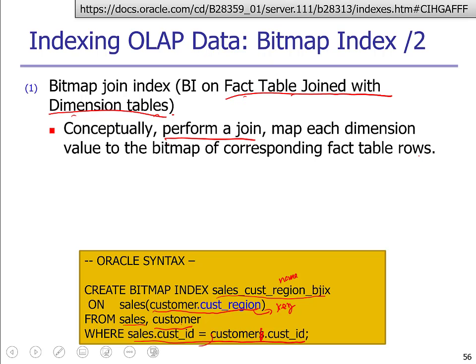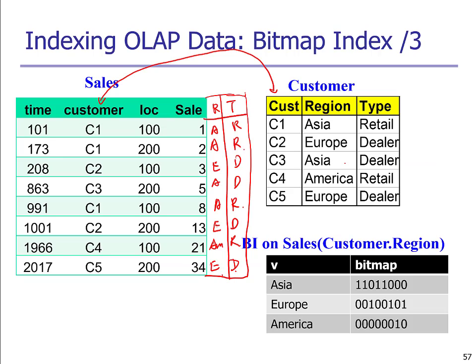The key here is that now we map them to the fact table rows, not the dimension table rows. In the fact table, we have how many rows? We have 8 rows, right? We have 5 rows here. But since we're going to map the values here to these 8 rows, we need a bitmap with a bit vector of 8 bits, as you can see here. It is no longer 5 bits.